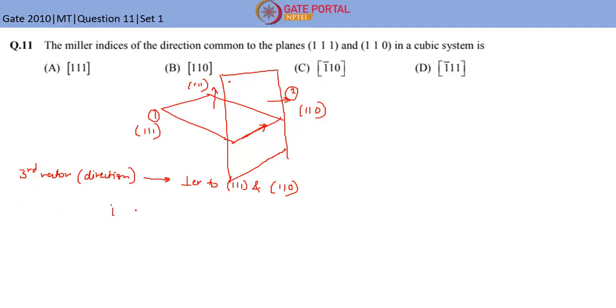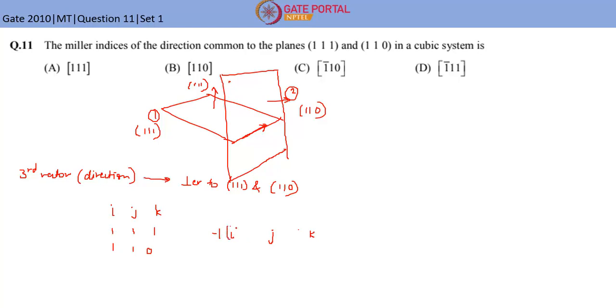So let's say i, j, k, 1 1 1, 1 1 0. If we do the cross product, the i component will be 1 into 0 is 0, minus 1, so this will be minus 1.